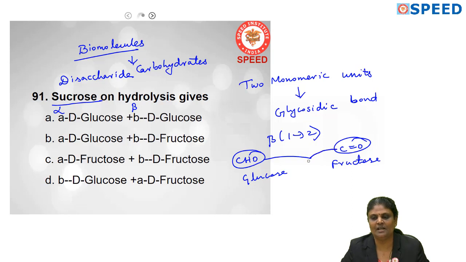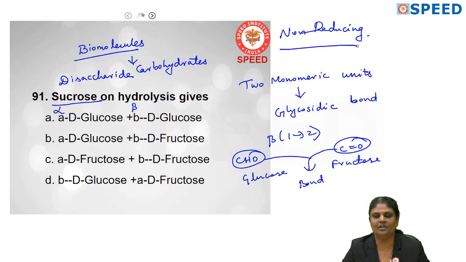So sucrose is considered a non-reducing sugar. This is also a peculiar property of sucrose: all disaccharides are reducing, but sucrose is non-reducing.